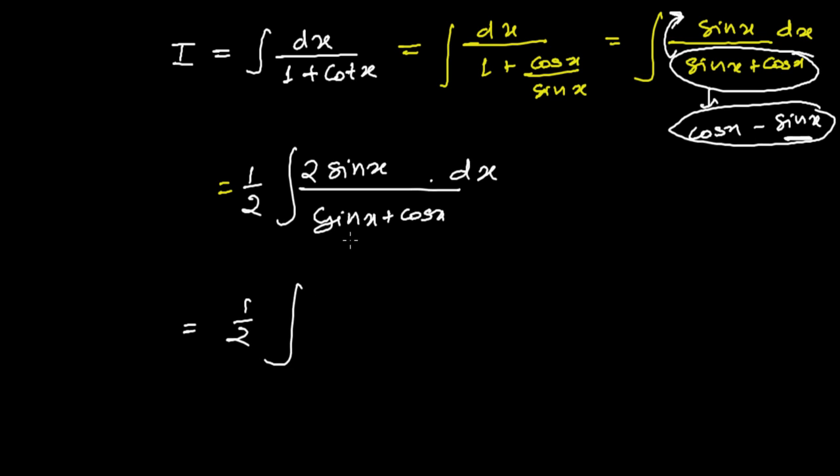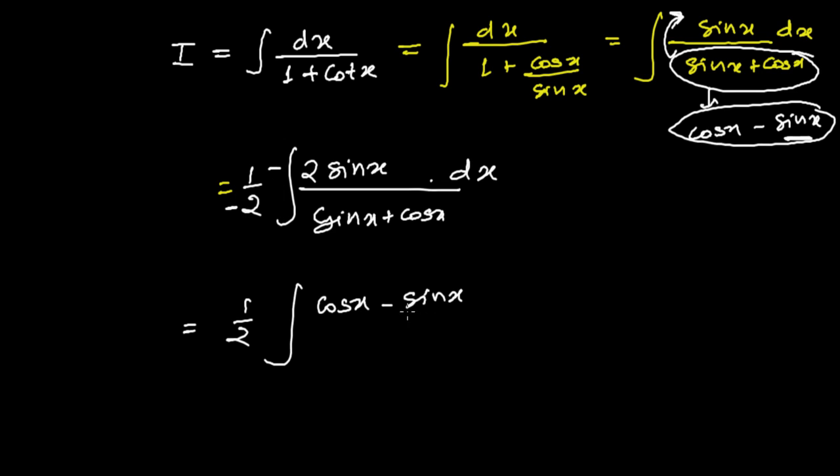And further see, it's 1 by 2. All right, now the derivative of sin x is cosine of x, and the derivative of cosine of x is negative sine of x. My dear friend, take a look very seriously. I'm going to multiply here by minus, and I'm going to multiply here by minus.